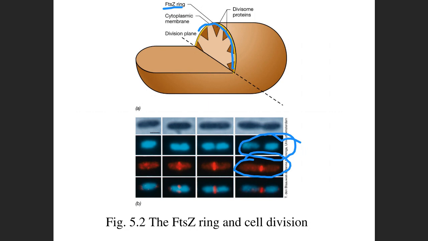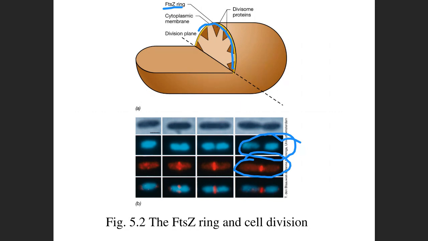This probably is a fluorescence microscope or even a confocal. The main point here is that the site of cell division is actually marked by a particular protein.